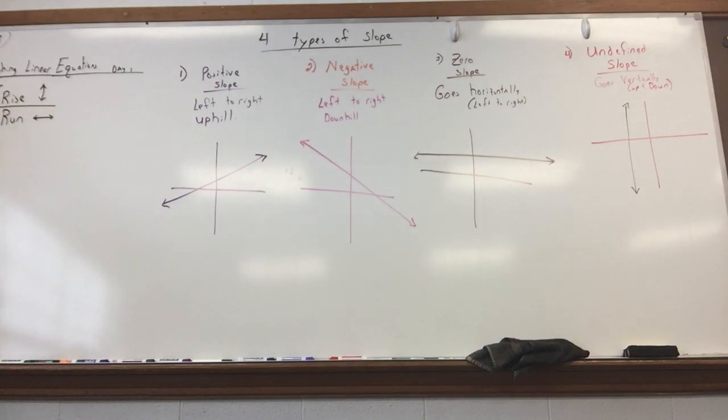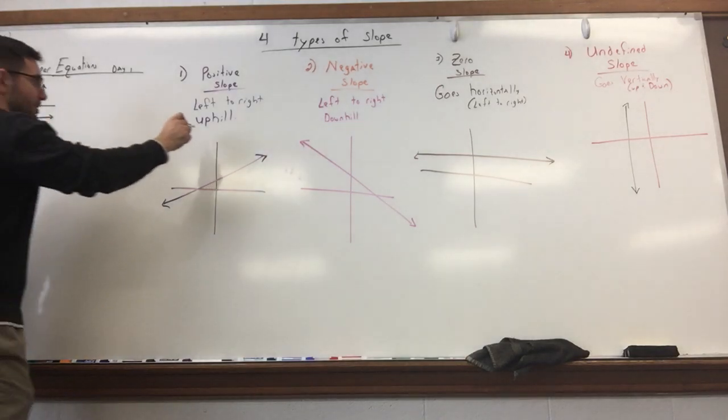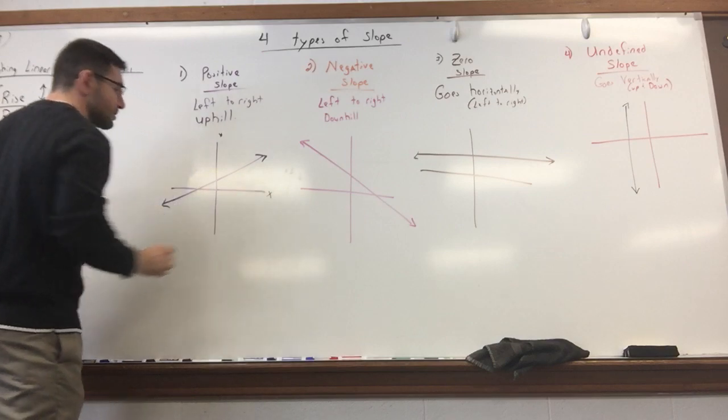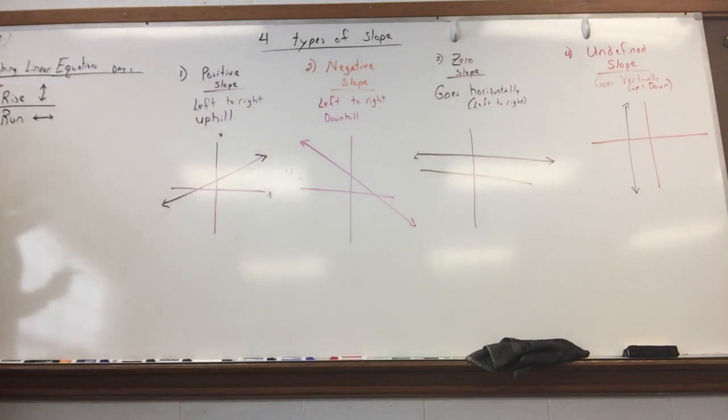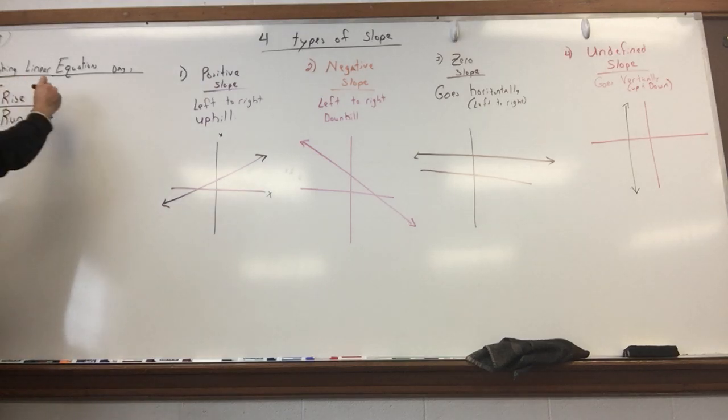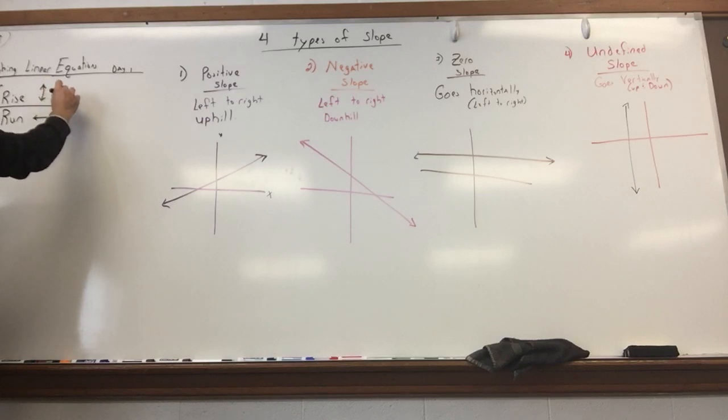Okay, going to keep asking some questions here. So on this graph, I've got my y, I've got my x. Which letter is my rise? If we're going up and down, which letter? Y. Very good. The rise are my y values.